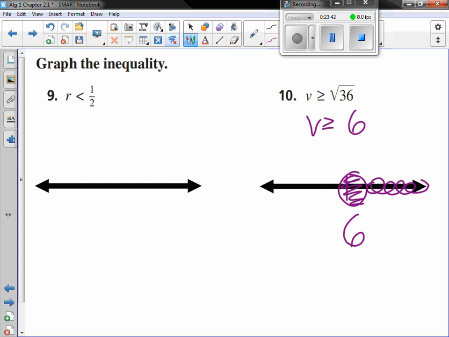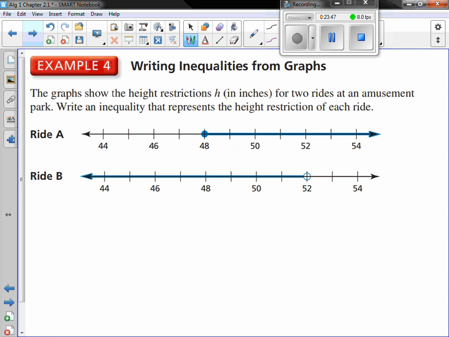So we have 2 last problems, some real world application kind of problems. The graphs show the height restriction h in inches for 2 rides at an amusement park. Write an inequality that represents the height restriction for each ride. Ride A. So what is ride A saying? So height is what?